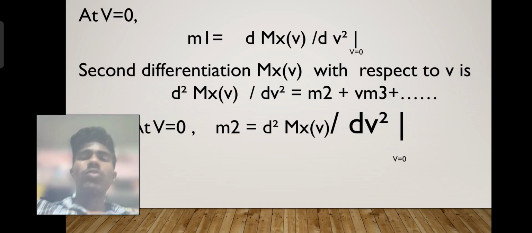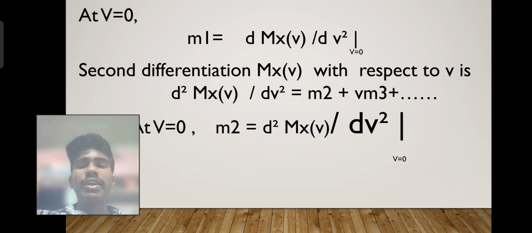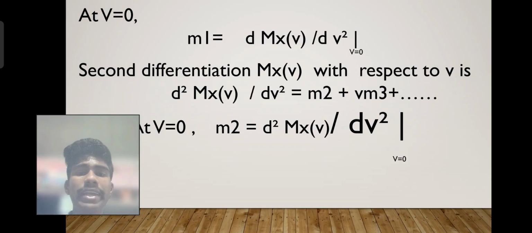At v equal to 0, m_2 equals d²M_X(v)/dv² at v equal to 0.